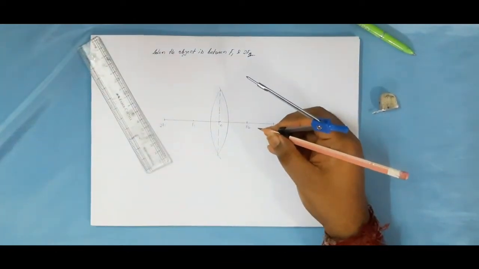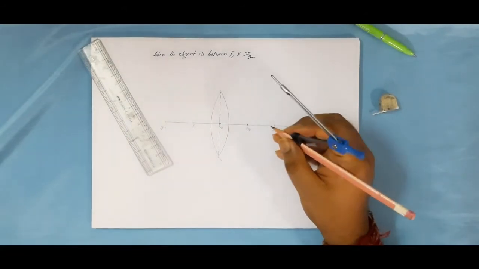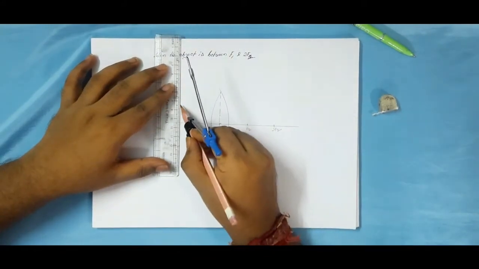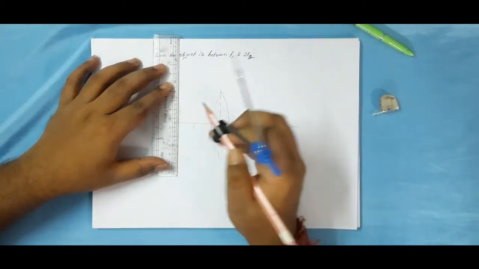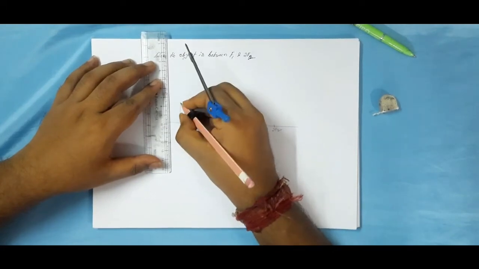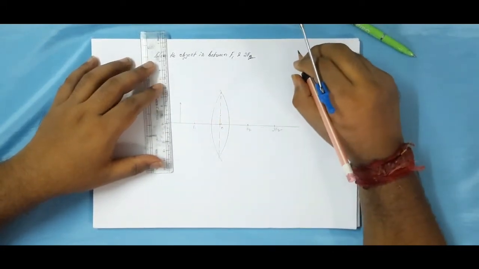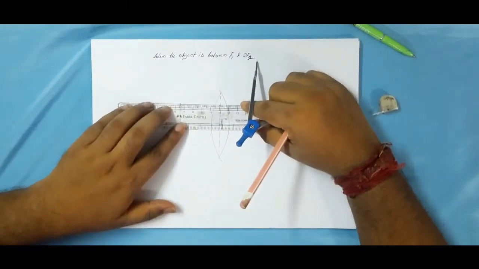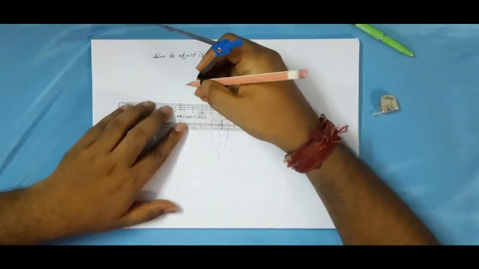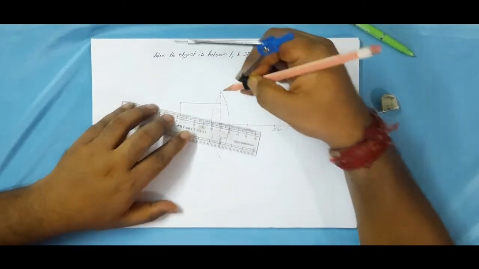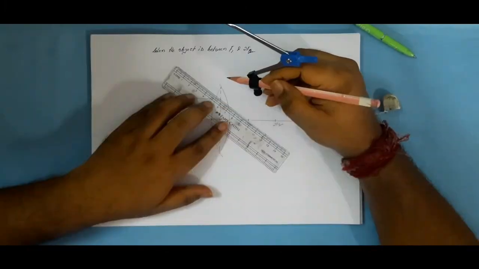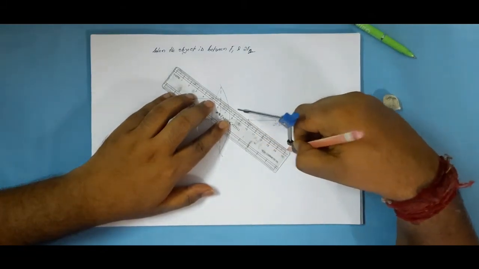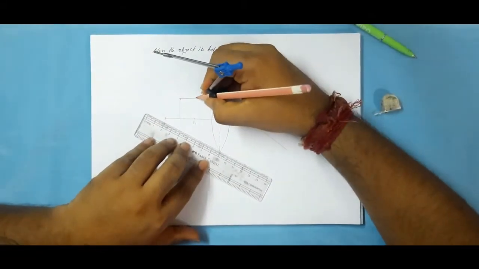Now the object is between f1 and 2f1, so we are placing the object between f1 and 2f1. Now the arrowhead, firstly we are taking the incident ray parallel to the principal axis as before. The refracted ray will pass through the focus, that is basically f2. Arrow is must.